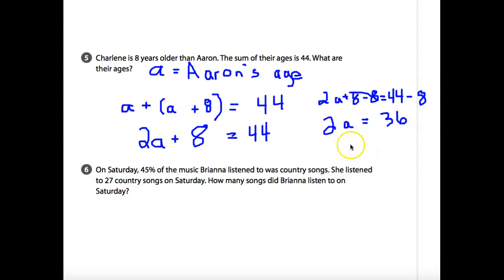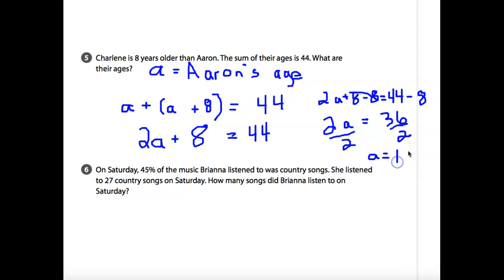Okay? All right, now we have to get A by itself. So this is multiplication. We are going to divide both sides by 2 to find out Aaron's age. So A equals 36 divided by 2, which is 18.